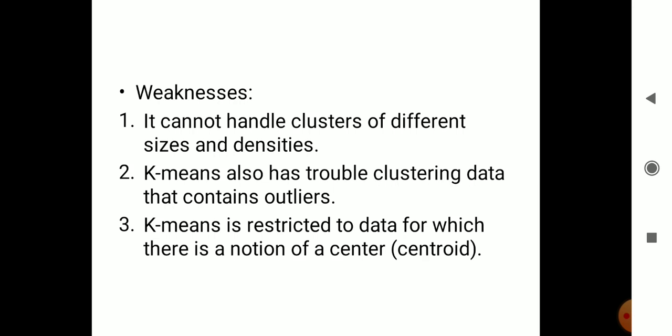Therefore, the outliers must be eliminated, and K-means has trouble identifying the outliers, and K-means is restricted only to data where the prototype is the centroid value. These are the strengths and weaknesses of the K-means algorithm. This is about the basic K-means and bisecting K-means algorithm. Thank you.